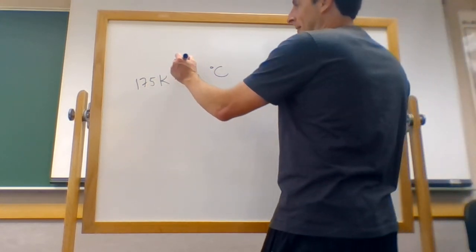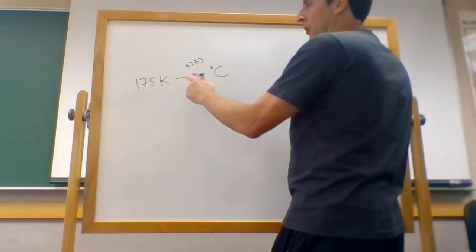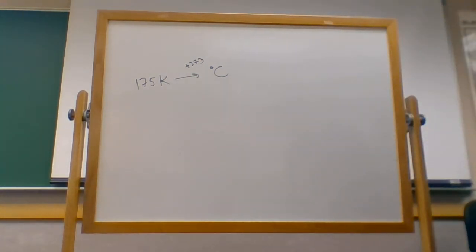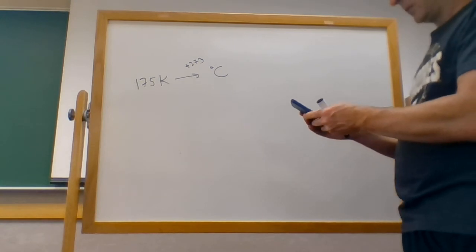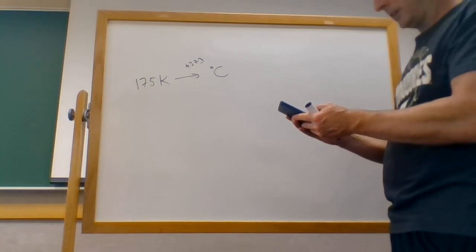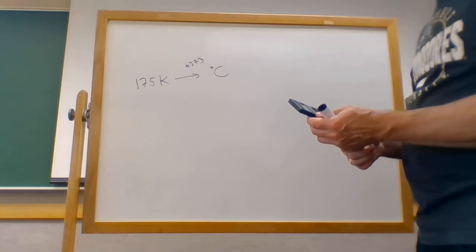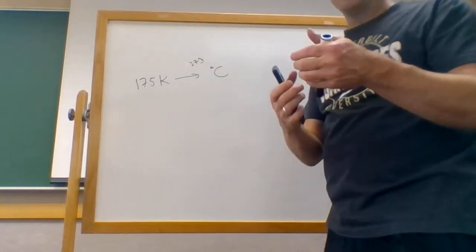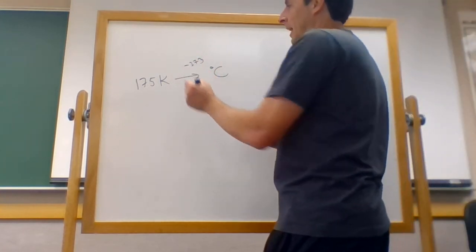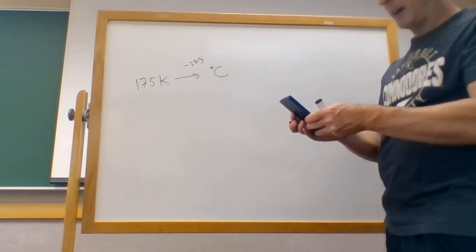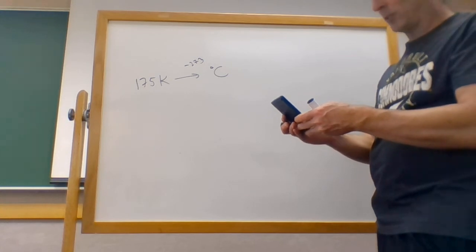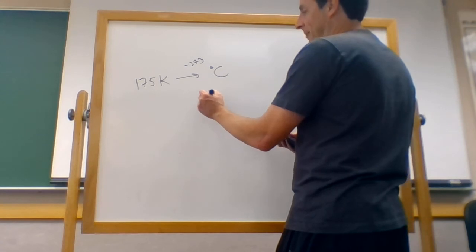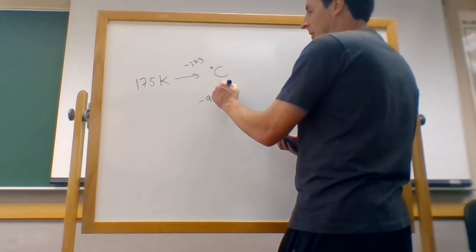So if I add 273 to 175, that's going to be 448. Oh wait, I went backwards. Should be subtracting. When I go Kelvin to Celsius, I'm subtracting 273. I should be paying better attention. So 175 minus 273, that's actually going to be negative 98 degrees Celsius.